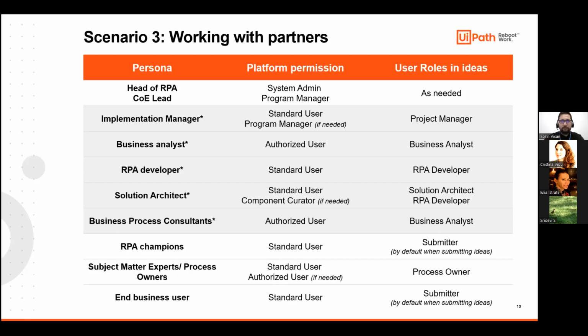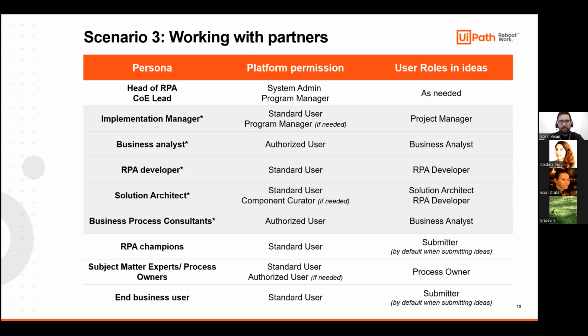And we got this question a lot, whether it's recommended to allow the implementation partner in Automation Hub, and the answer is yes, because they can help to manage the pipeline, to take on some tasks, for example, that are normally associated to the head of COE, and overall in terms of managing the process.